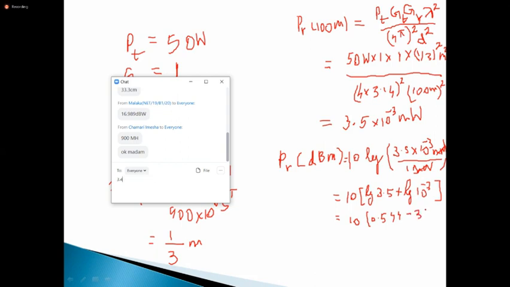Log 10 is 1, so minus 3 into 1 is minus 3. So here you will get minus 3, right? So what is 0.544 minus 3?